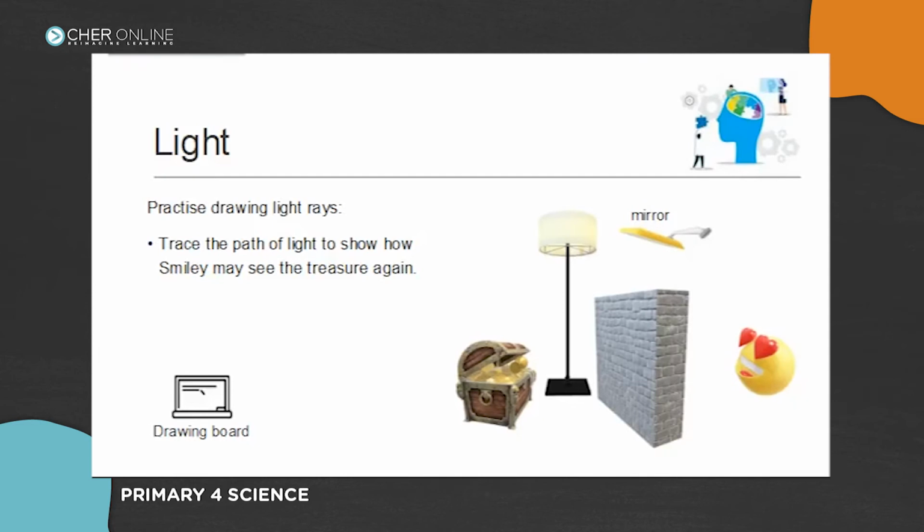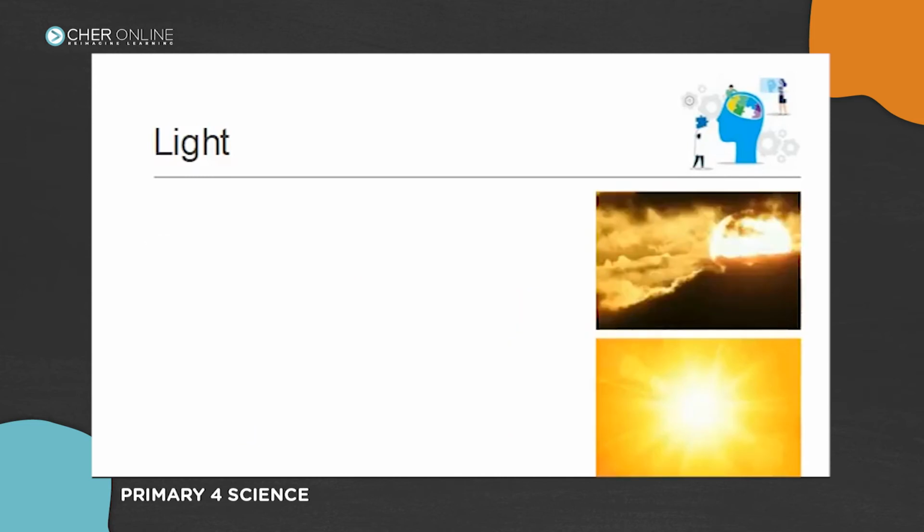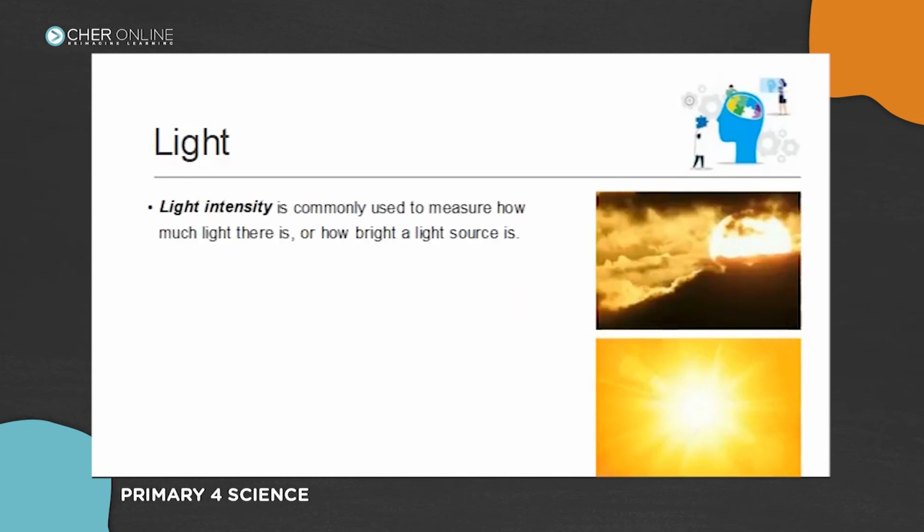Okay, let's go on. Look. Light intensity is commonly used to measure how much light there is or how bright a light source is.